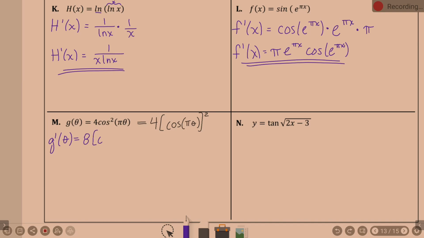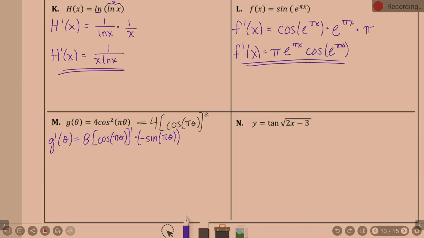Inside stays the same, so cosine of pi theta, now raised to the power of 1. Not that you need to write the 1, but I've been doing it for emphasis. Then we have to do cosine. What's the derivative of cosine of something? Negative sine of something, so the inside piece, pi theta, stays as is.